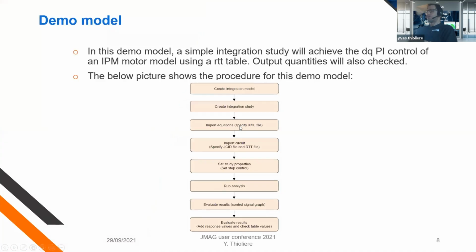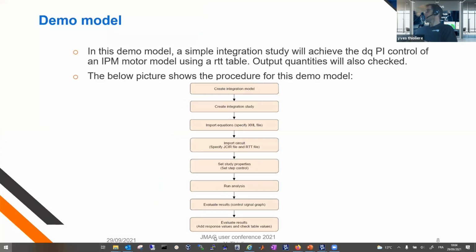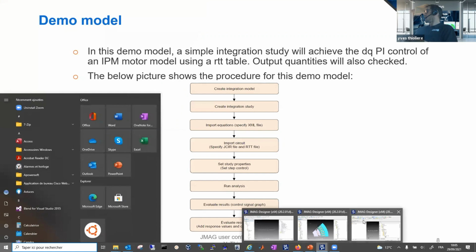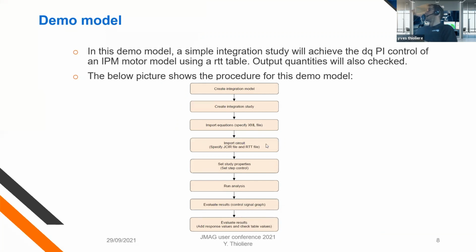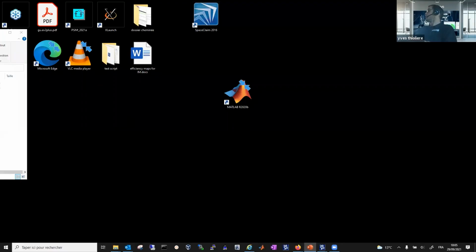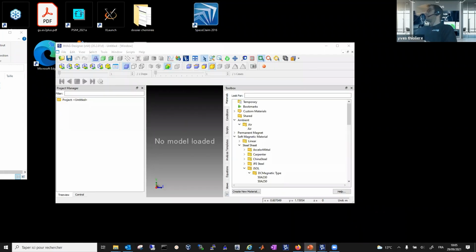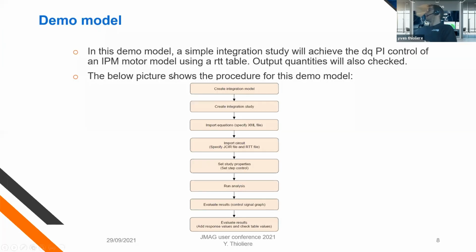So let's go for the demo model. Let's see if I have JMAG Designer open. Here it is. Okay, just quickly, I will first detail what I'm going to do in this demo model. I will start by creating a new integration model. That's the new feature in JMAG.